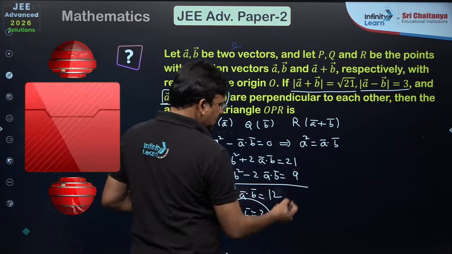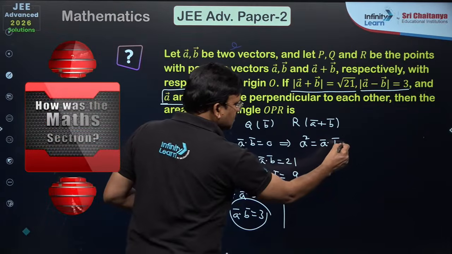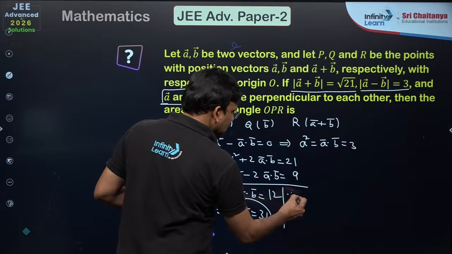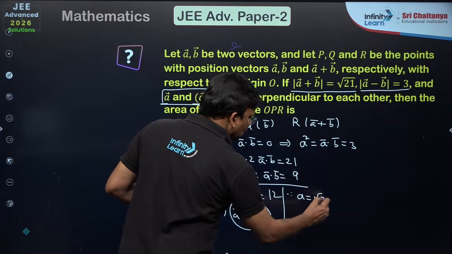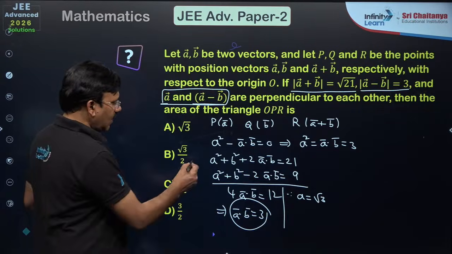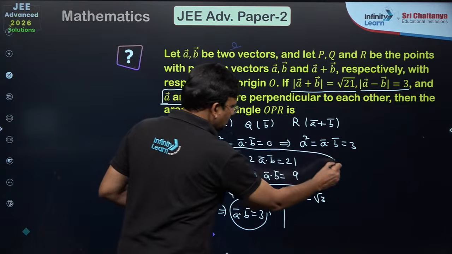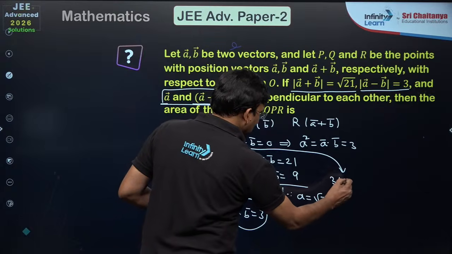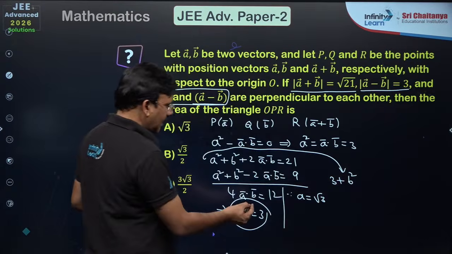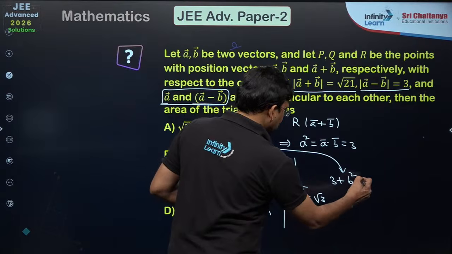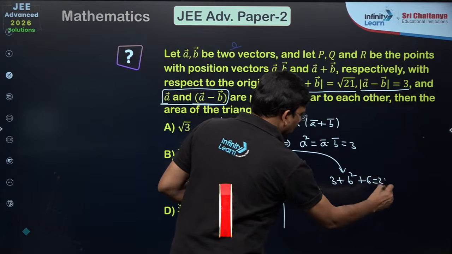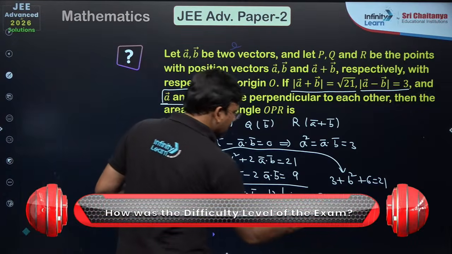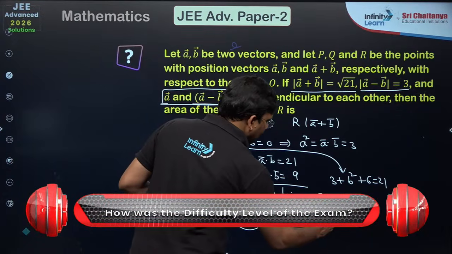Since this is equal to 3, magnitude of A square is 3, so A value is root 3. If you take this particular equation again and substitute A square is 3 and A dot B is also 3, then plus 6 is equal to 21, so B square is going to be 12, so B must be root 12.